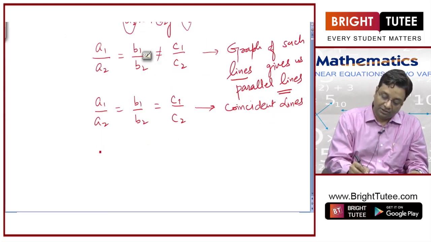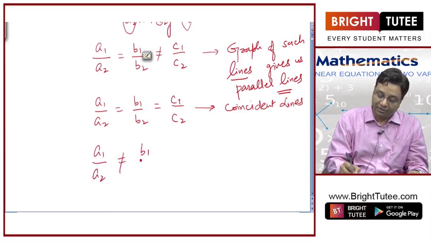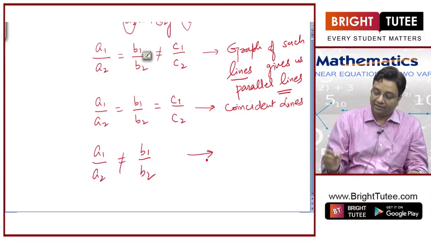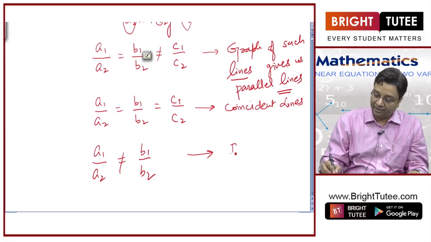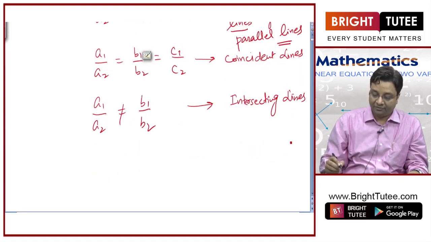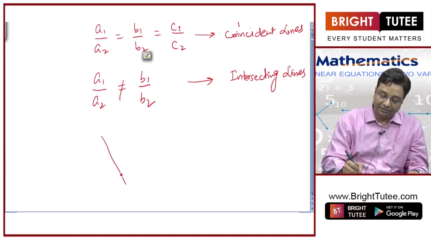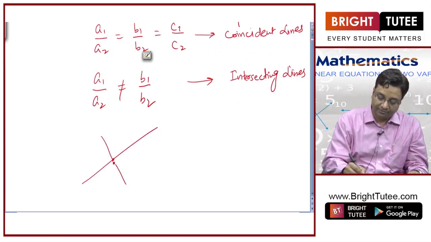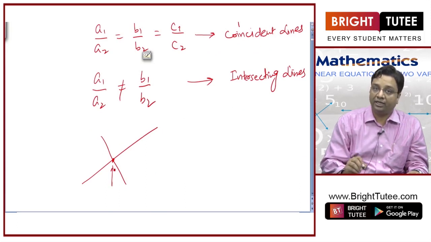Another observation was that when a1 by a2 is not equal to b1 by b2, such lines were intersecting lines, right. We also discussed that when we have got intersecting lines, there is a point which is common to both the lines.